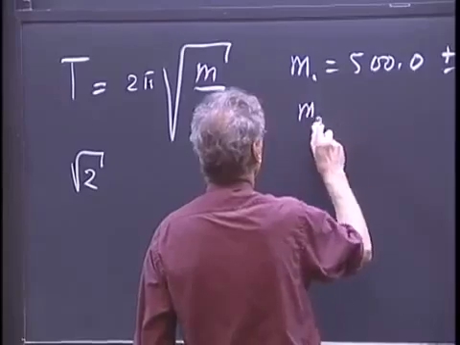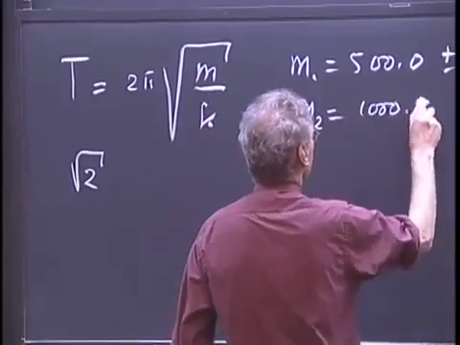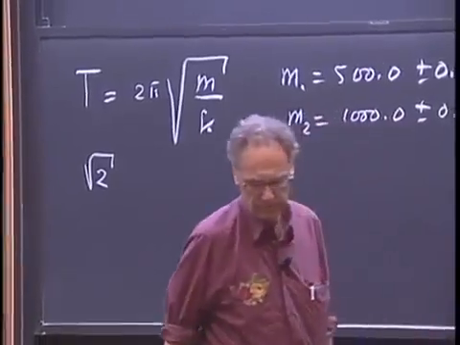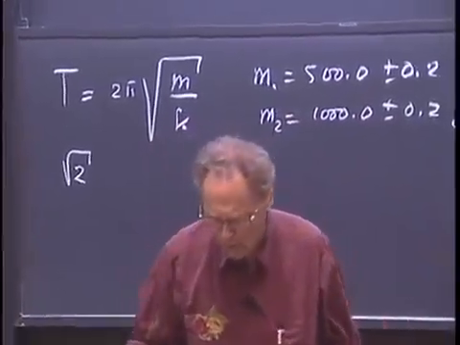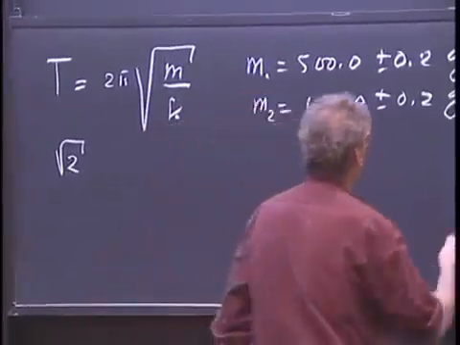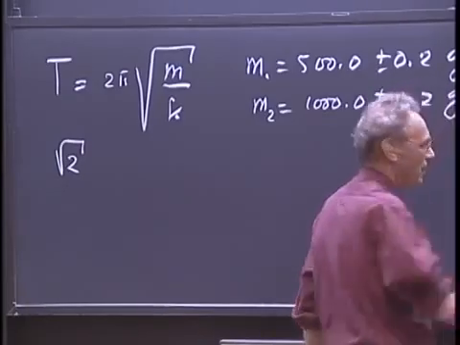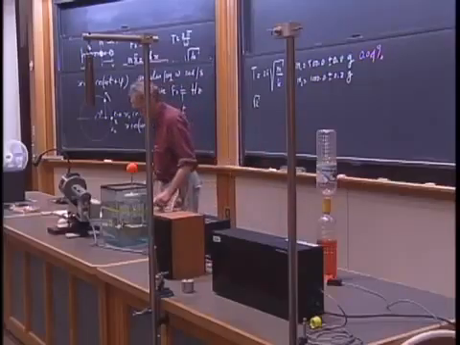And M2 is 1,000 plus or minus 0.2 grams. That's the best we can do. That's an extremely small error. This is an error of only 0.04%. And this is only half as large.